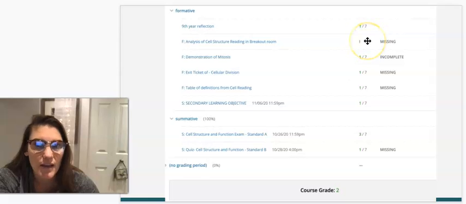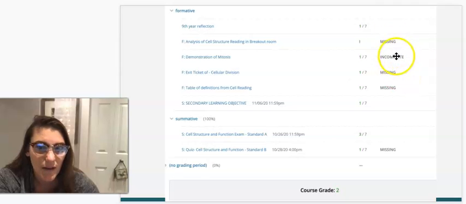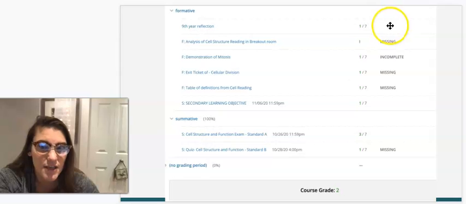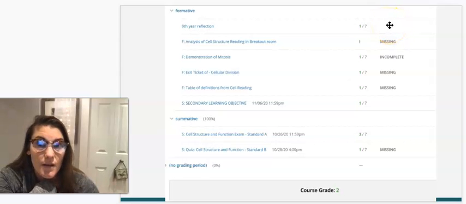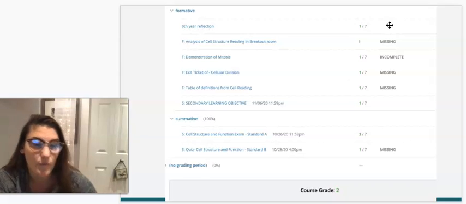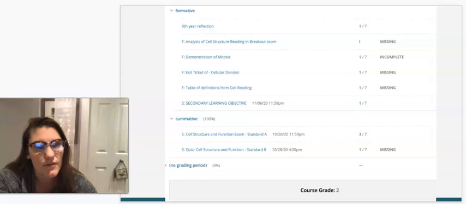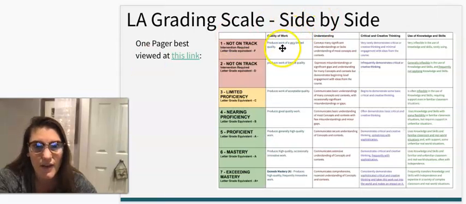What we're doing is putting in a 1 and marking if it's missing in a comment, or a 1 if it's incomplete. So you can see the comments here. And if there's no comment, like this 9th year reflection, it just means that they just got a 1. It was of poor quality, and we can go back to this slide and figure out what 1 means across the board.